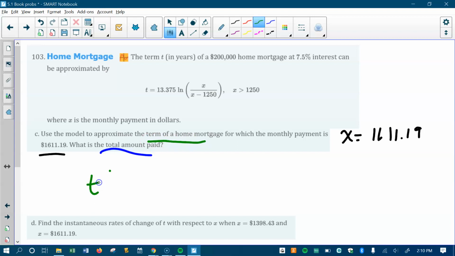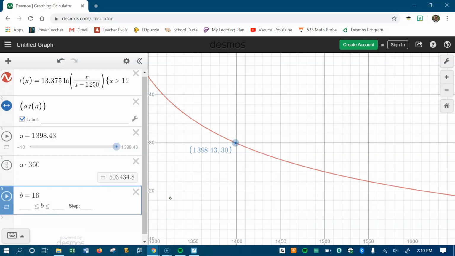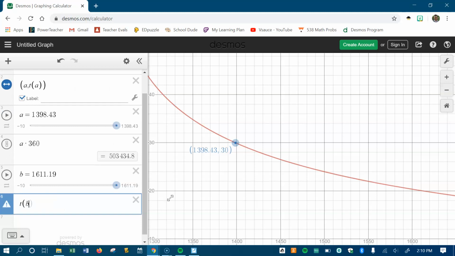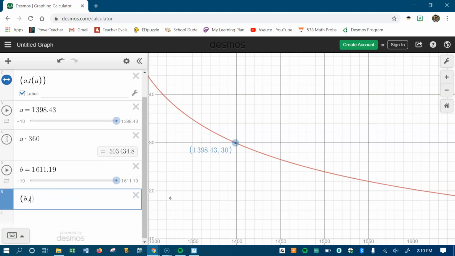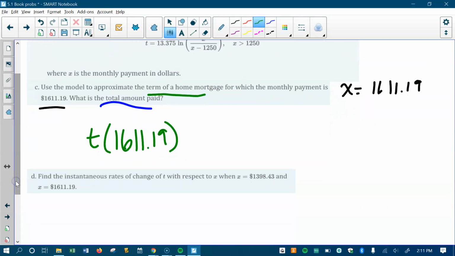Let's do T of 1611.19 and see where this is at. Here it is over here: 20 years. Oh my gosh, 20 years.